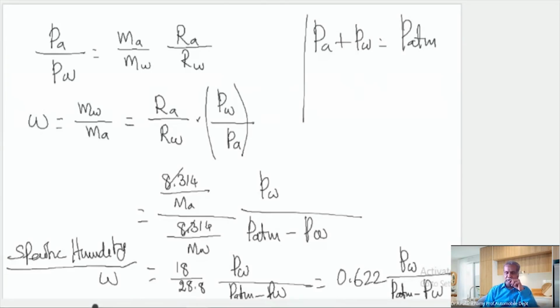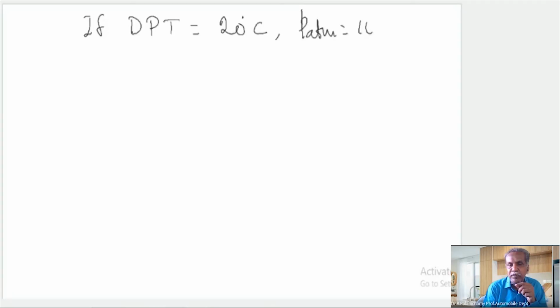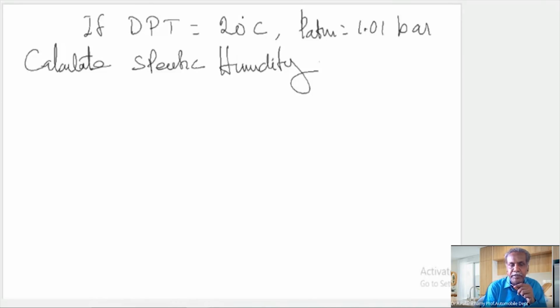So if you know the dew point temperature தெரிஞ்சுதுன்னா you can get the specific humidity. இப்போ previous ப்ராப்ளத்துல if dew point temperature is 20 degrees centigrade, atmospheric pressure is 1.01 bar. Calculate specific humidity.